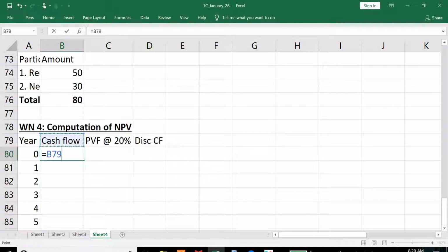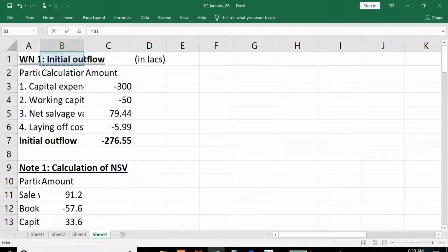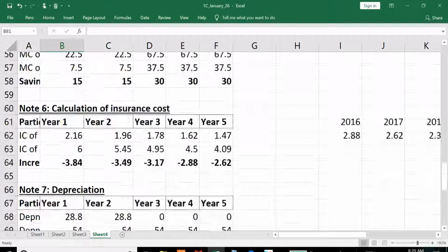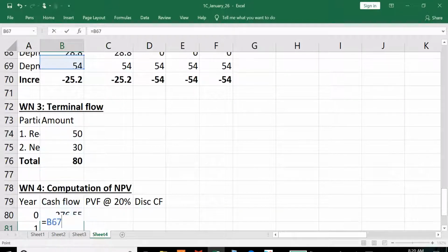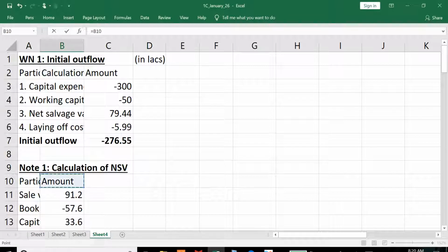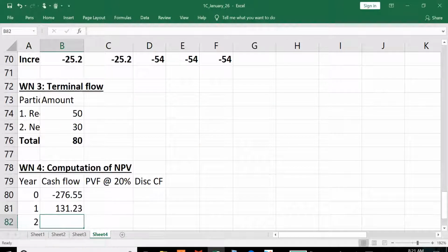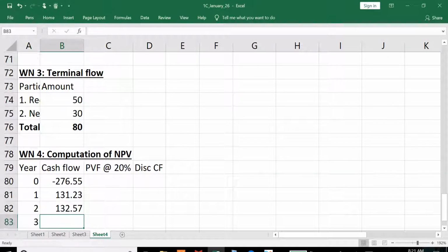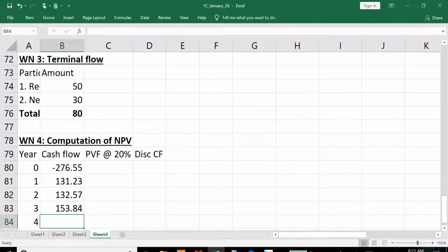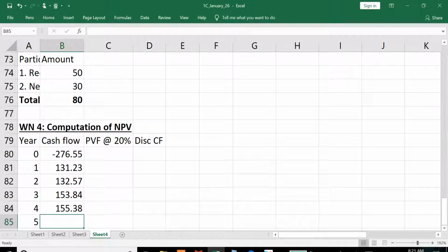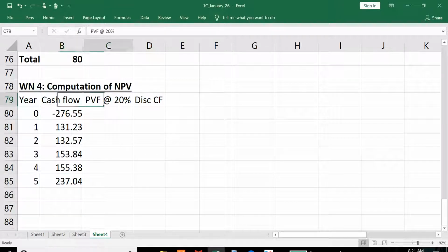You will have to take the figures from the appropriate steps.